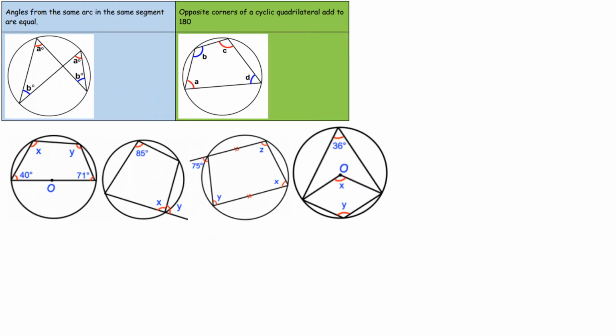Okay. So the other theorem we're introducing here is the cyclic quadrilateral theorem. And that is that if you have a quadrilateral, a cyclic quadrilateral, it just means all of the corners of the shape are on the outside of the circle. If you have that, then opposite sides, like B and D here, add up to 180.